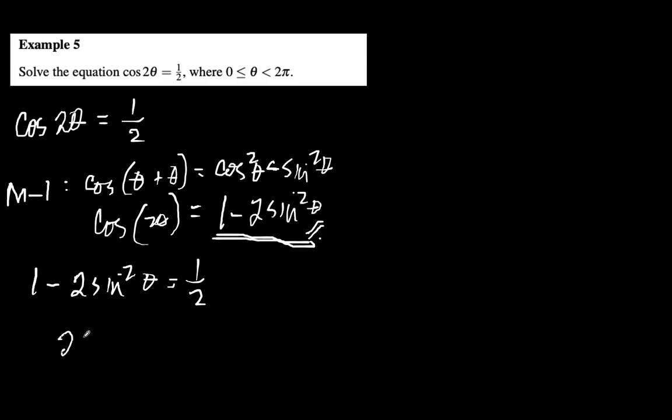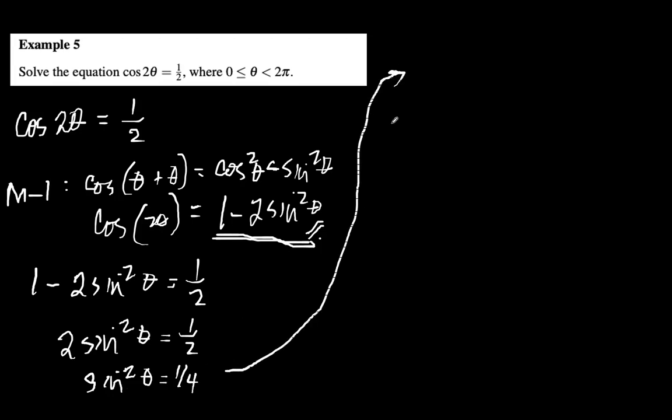So this becomes 2 sine square theta is equal to 1/2, and sine square theta is equal to 1/4. For us to solve for the value of the angle measure theta, we could take the square root on both sides, so that sine theta is equal to the square root of 1/4.